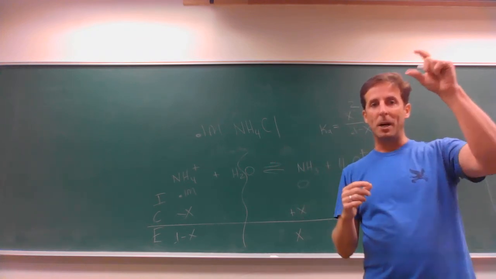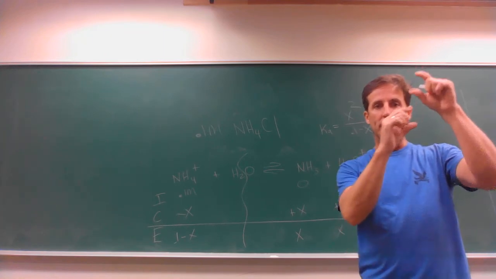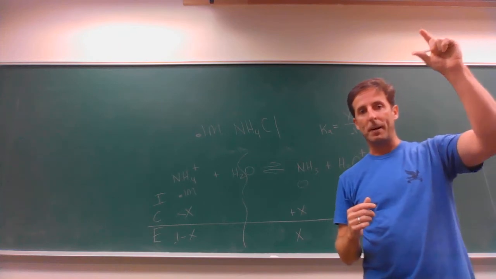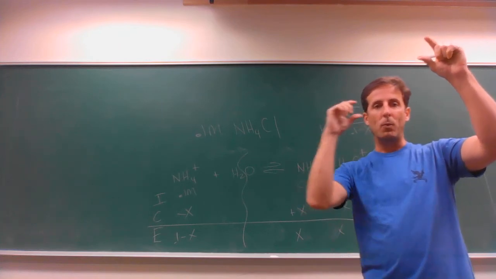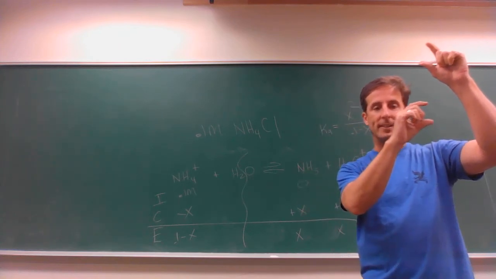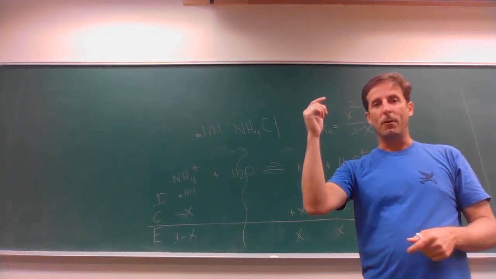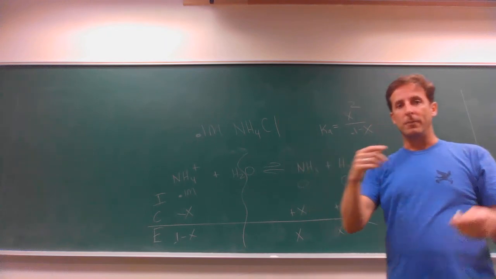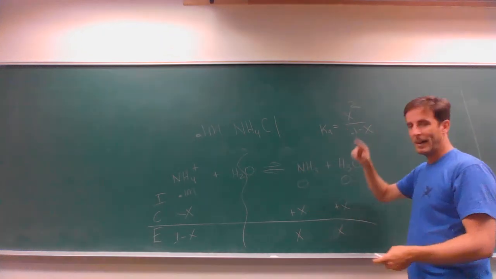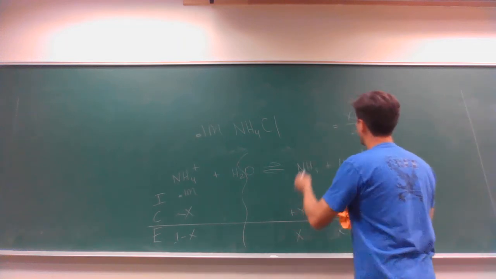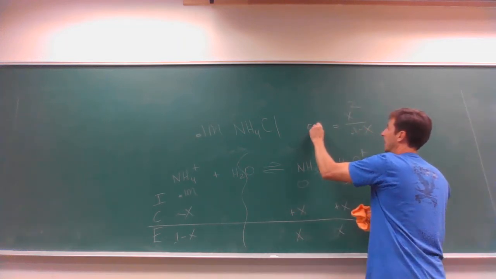If I do Kw over Kb, that'll give me the Ka for ammonium. So 1 times 10 to the minus 14 divided by 1.8 times 10 to the minus 5, that's the Kb for ammonia. That'll give me the Ka for ammonium. If you do that, the Ka value is going to be 5.6 times 10 to the minus 10.